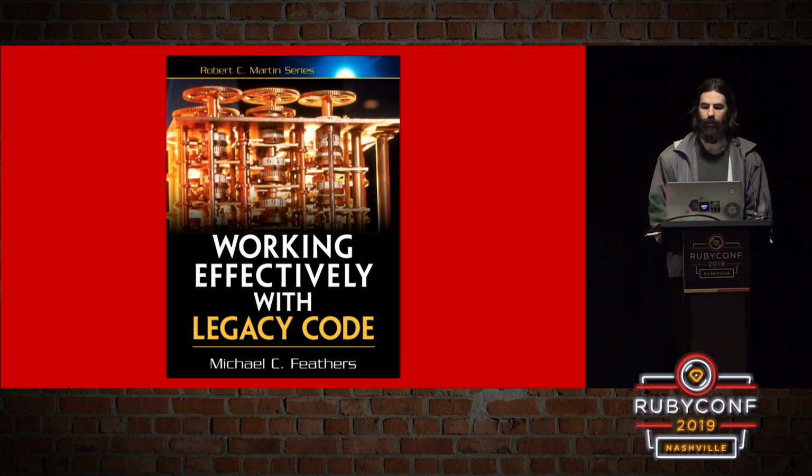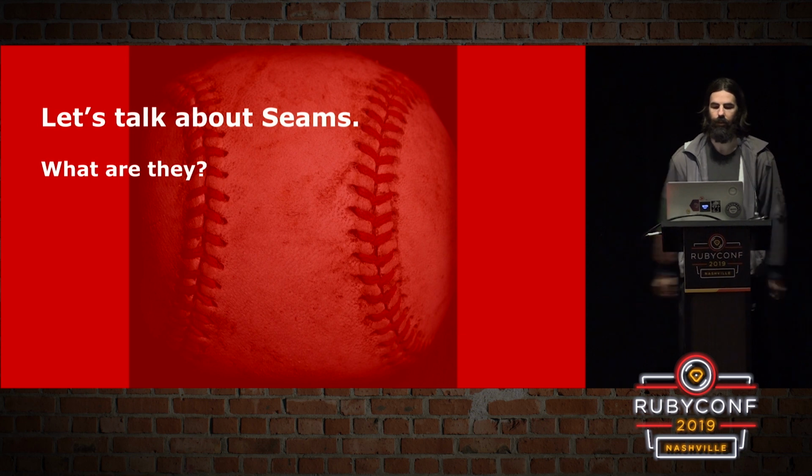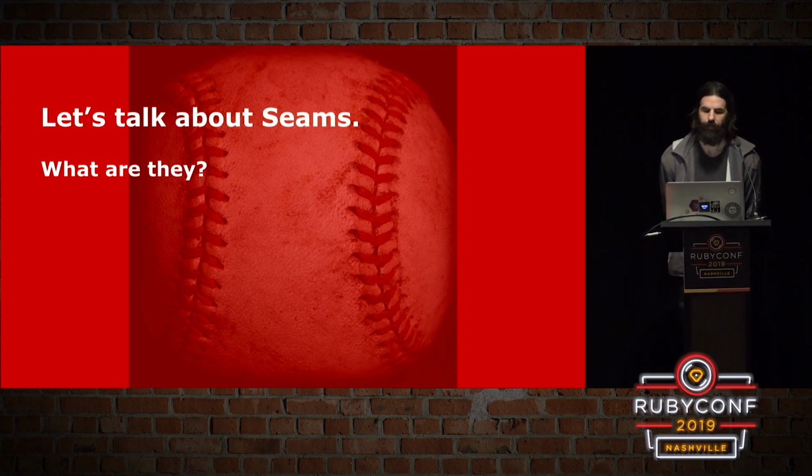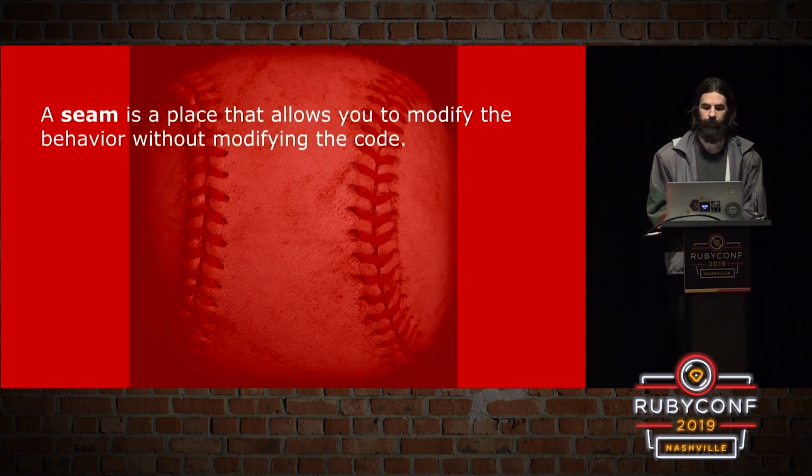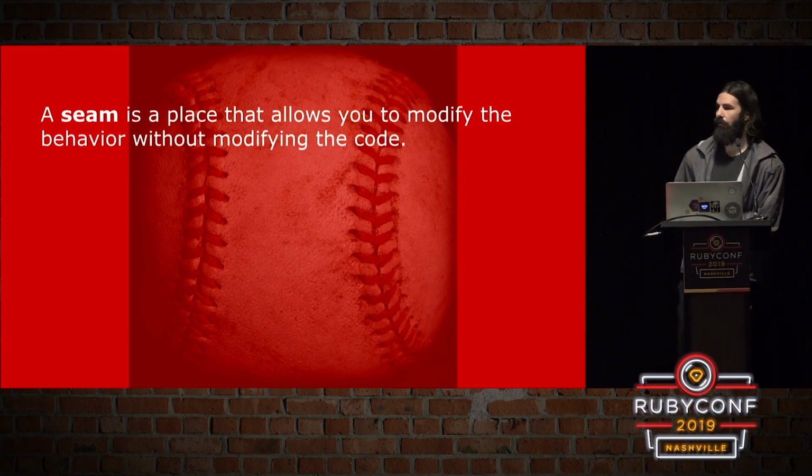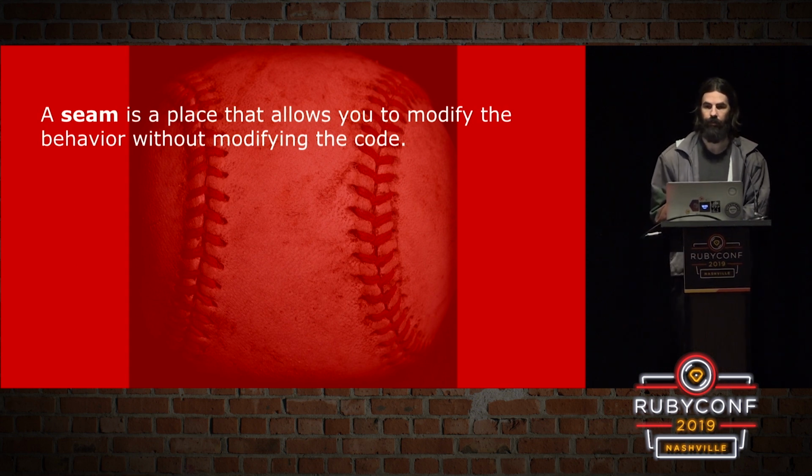It's from this book that we were first introduced to this concept called seams. So what are seams? We go back to that question we just discussed. Wouldn't it be nice if we could affect change in our request method from the outside without having to change the code itself? And this is really where seams comes into play. So a seam is a place that allows you to modify the behavior of whatever you're dealing with without modifying the code.